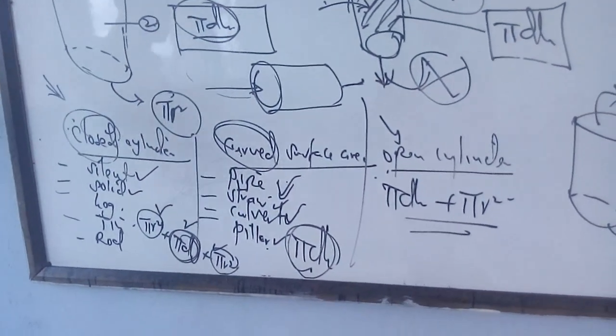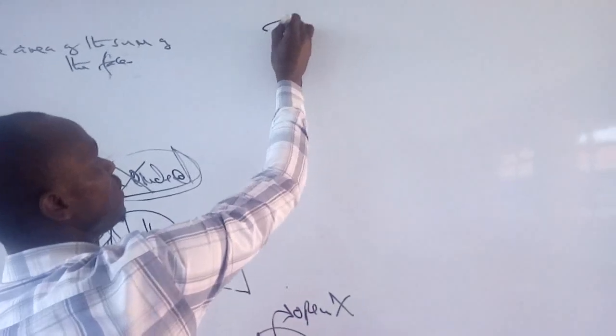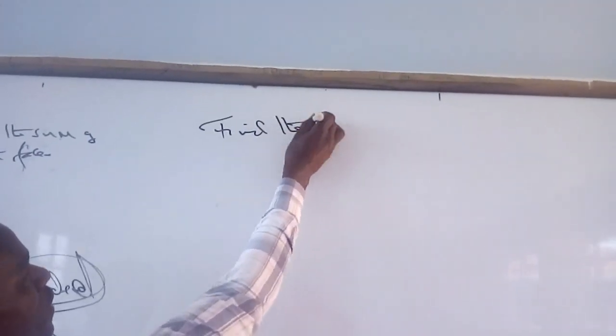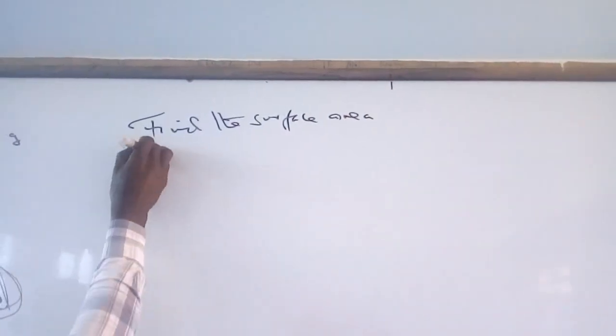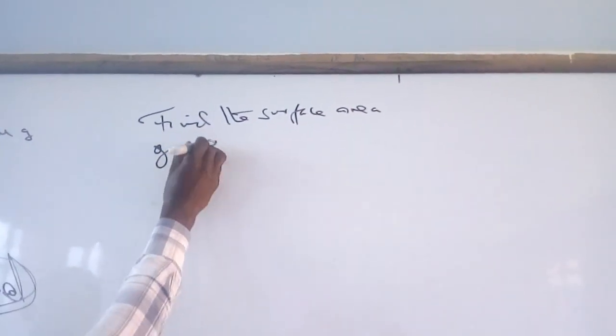So very first we are going to discuss, for example, where the examiner says: find the surface area of the cylinder below.